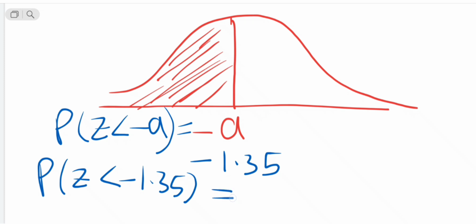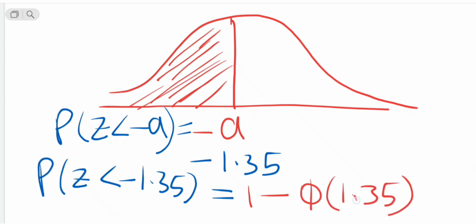So what will we do? I'm not going to find the answer, I'm just telling you the ways. According to my way, you will check by using the Z table, apply it, and get the answers. If it is less than negative, you will do 1 minus the probability of 1.35.